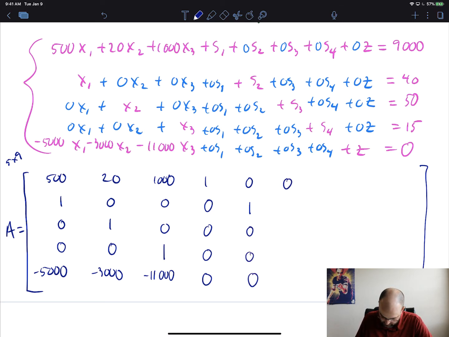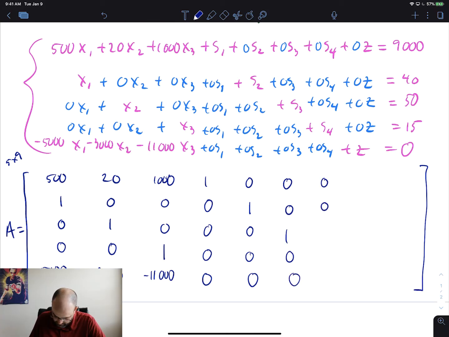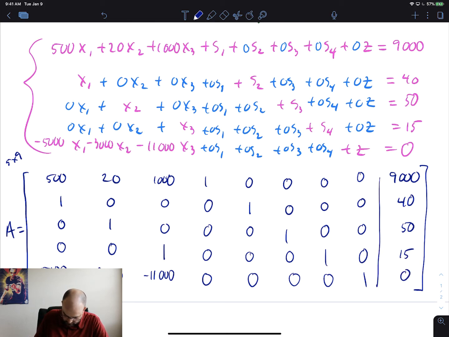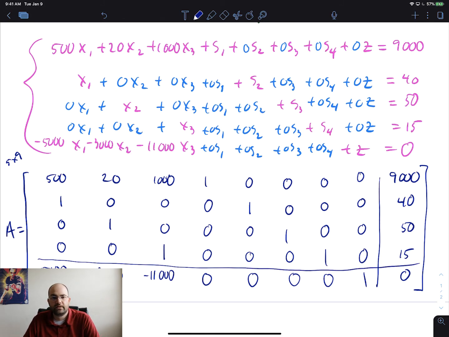Then 0, 0, 1, 0, 0, followed by 0, 0, 0, 1, 0, then 0, 0, 0, 0, 1, followed by 9,000, 40, 50, 15, 0. Vertical, horizontal. Awesome. There is your initial simplex tableau.